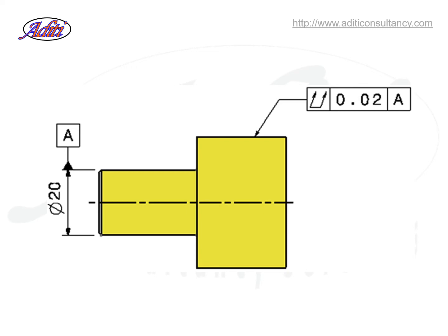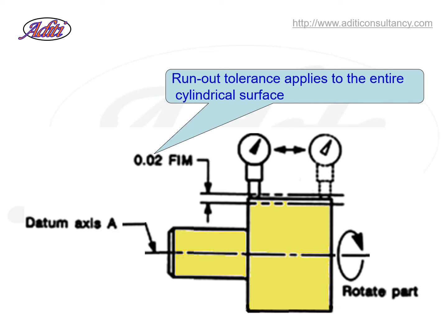Let's now understand how this total runout can be measured. For measurement of the total runout, initially a dial indicator is set in contact with the cylindrical surface of the part at one end of the surface.